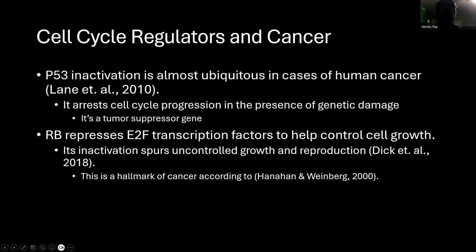Okay. Cell cycle regulators in cancer. So P53, I talked about that it was one of the most widely characterized of these involved factors. And that's because it's nearly ubiquitous in human cancer cases. P53 is a tumor suppressor gene. It arrests the cell cycle when there is DNA damage.